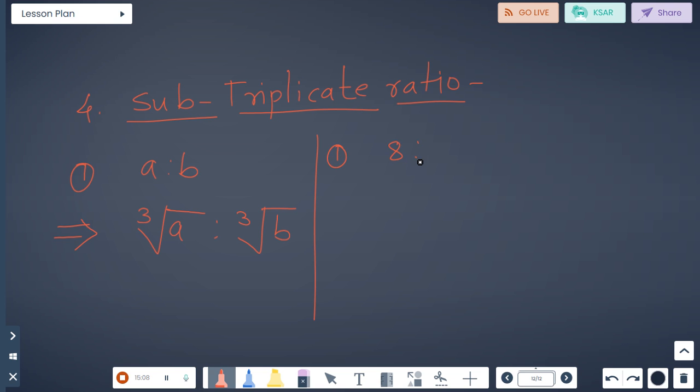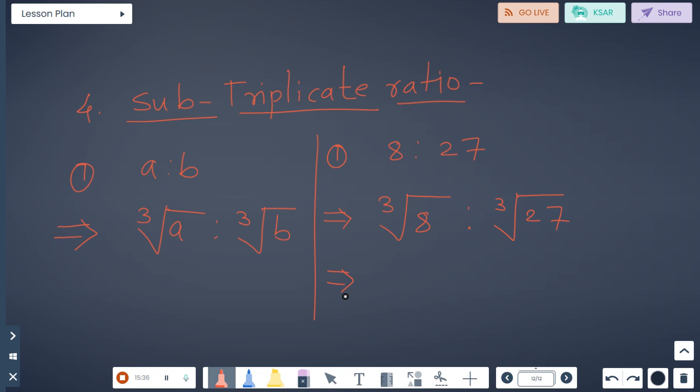Example: 8 is to 27, and the question is to find the sub triplicate ratio of 8 is to 27. Simply, we have to find the cube root of 8 is to the cube root of 27.